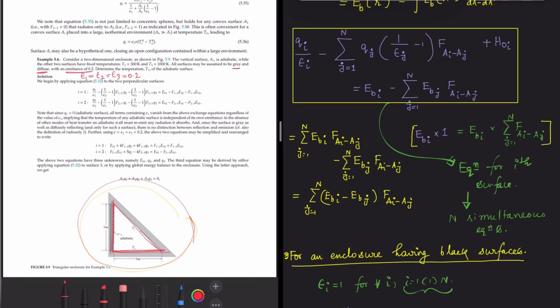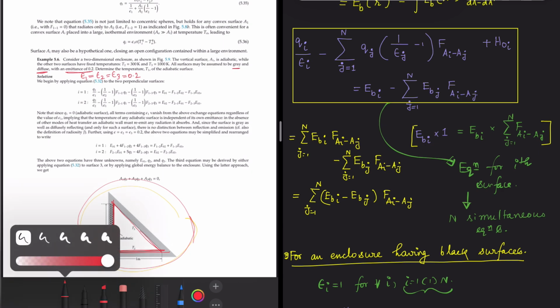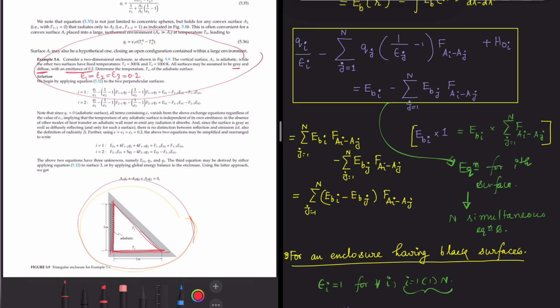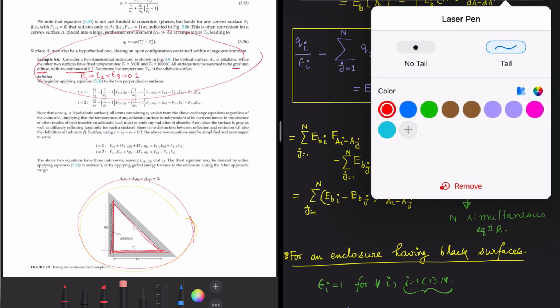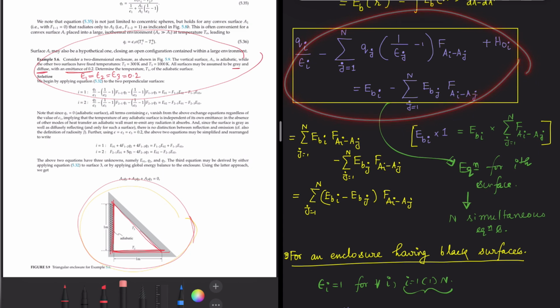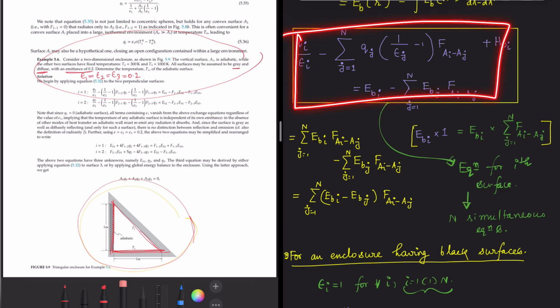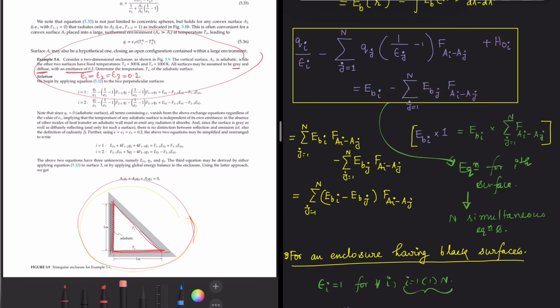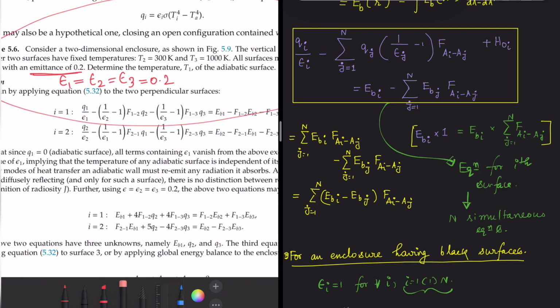So here in this problem, you are not given any black enclosure. None of the surfaces are black. That means you need to apply this equation and not the second equation, the one we applied for the earlier problem. If you apply this equation, what do you have to find? You have to find T1.